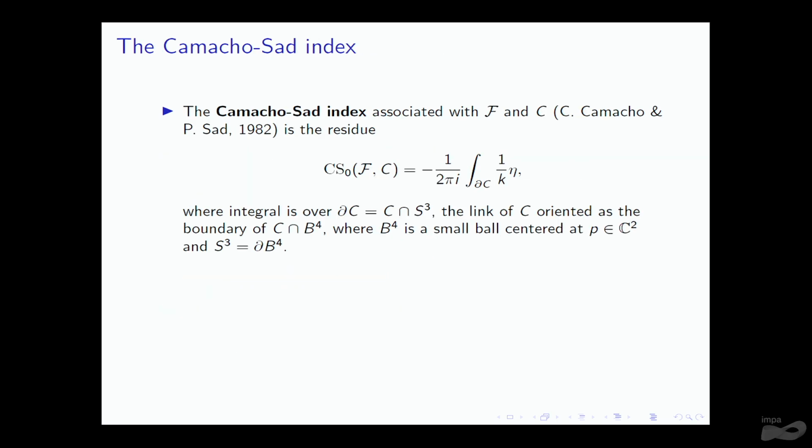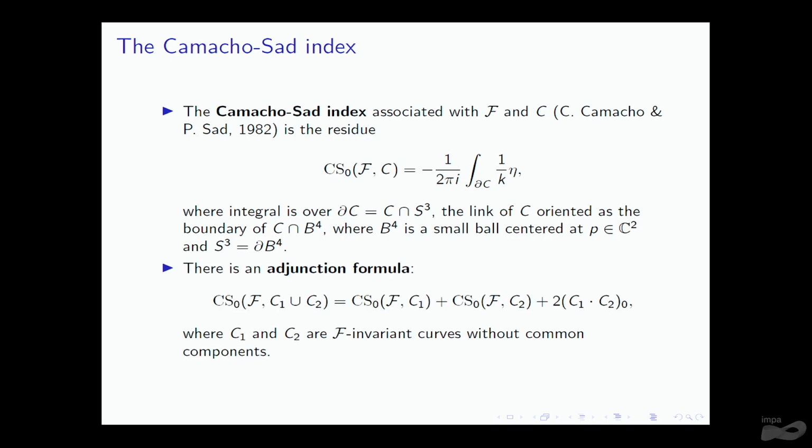Now, the Camacho-Sad index is the integral over the link of C of eta over K that appear in the decomposition associated with this curve. It's used to prove that this definition doesn't depend on the decomposition, on the equation of the foliation, on the equation of the curve.